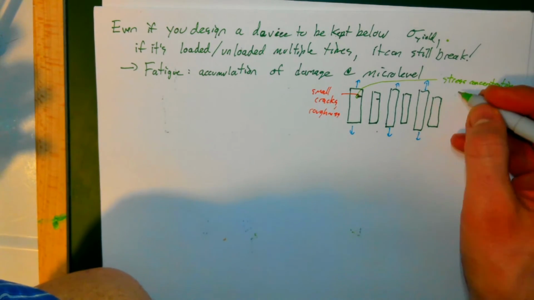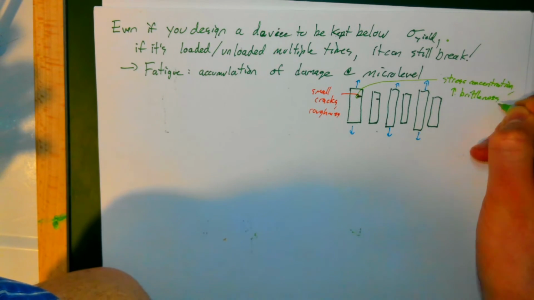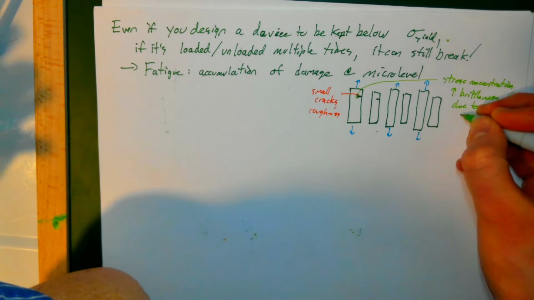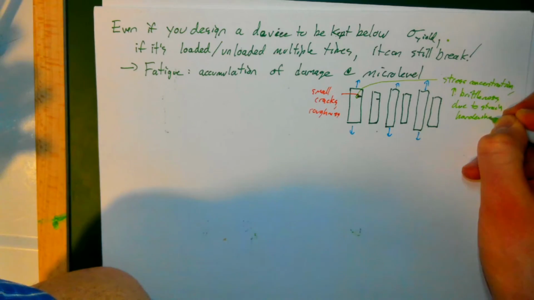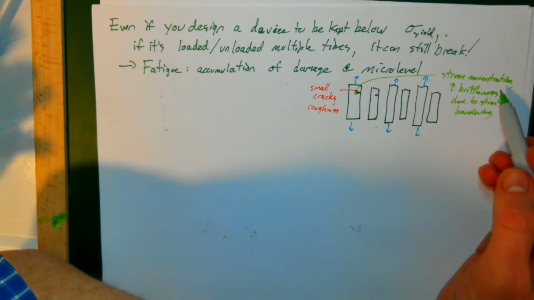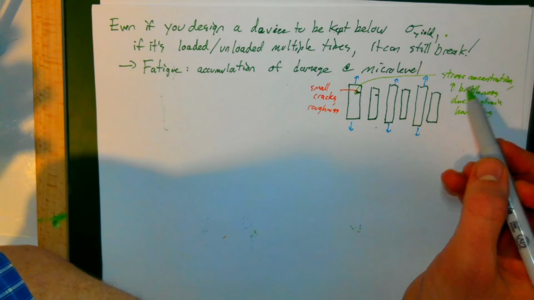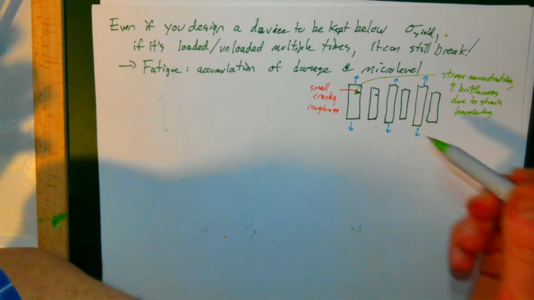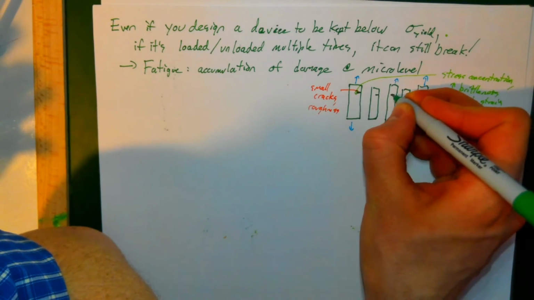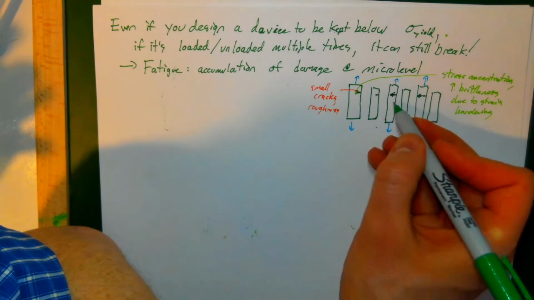And there's also increasing brittleness due to strain hardening at the tips of these cracks. For some materials, you stress concentrate it, you make it brittle. Yes, you increase the yield strength here, but by reducing that ductility so much, eventually that crack just keeps opening, where every time you open it, you get that crack to propagate a little farther and a little farther and a little farther across.